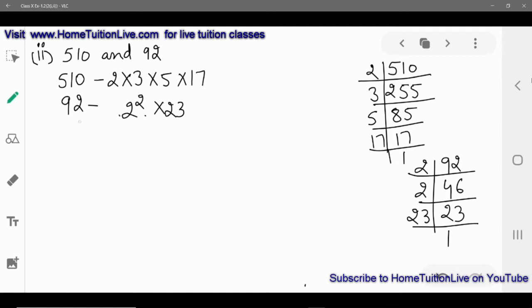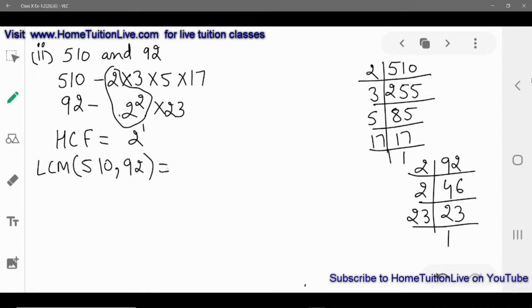So the HCF of both the numbers: the common number in this is 2 with the lowest power 1. So 2 is the highest common factor.